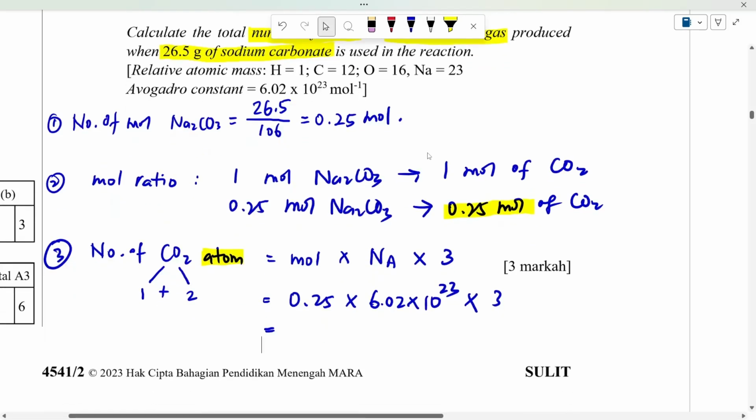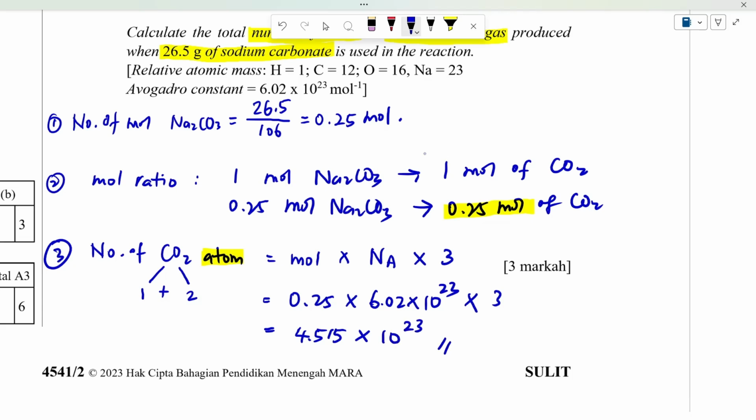What is the answer? 4.515 times 10 power 23. Okay, so this is the answer.